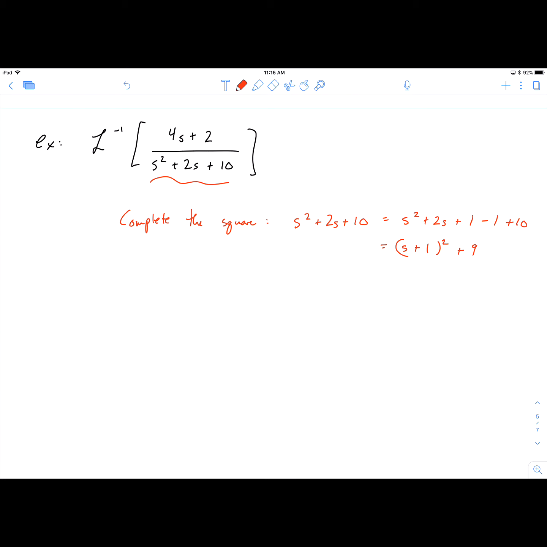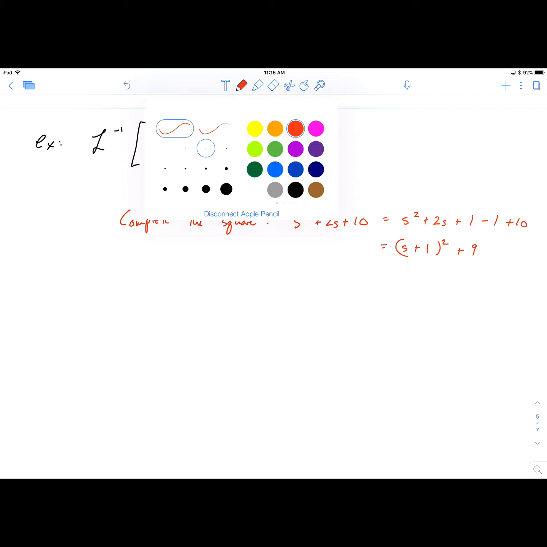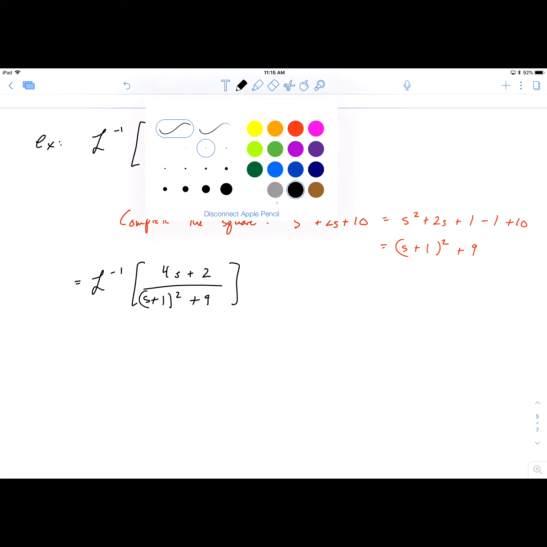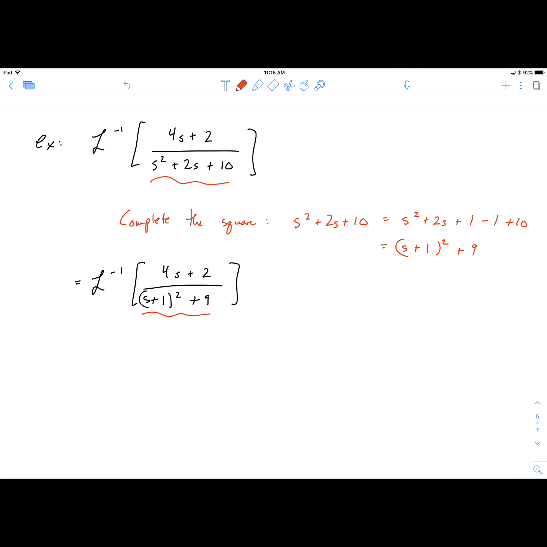So there's what we get when we complete the square, which means that we're looking for the inverse Laplace transform of 4s plus 2 over s plus 1 squared plus 9. Looking back at the Laplace table, we're looking for either sine or cosine with the exponential modifier.